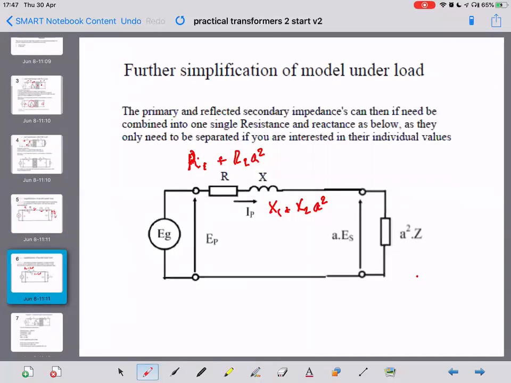Because most times, all we're going to be interested in is how much do we lose because of these two overall components from the primary to the secondary. Remembering that these two components represent the overall loss.